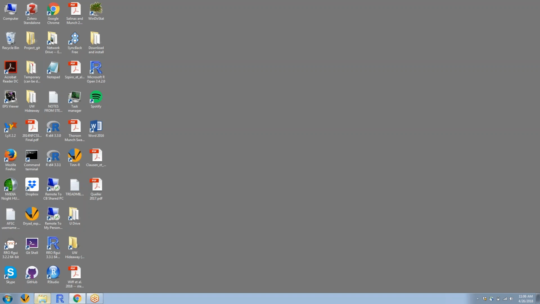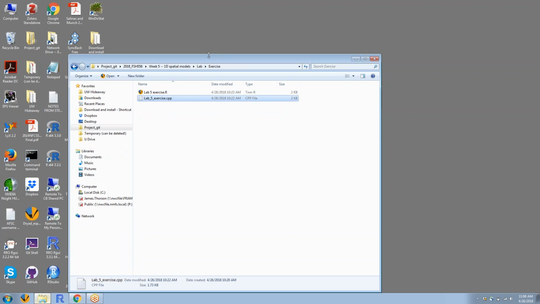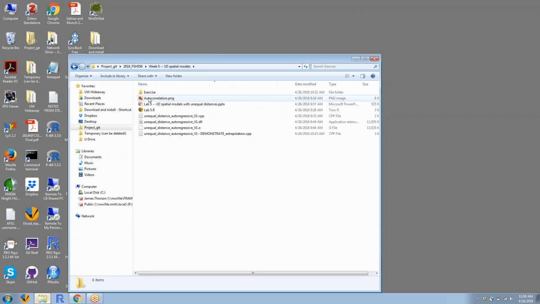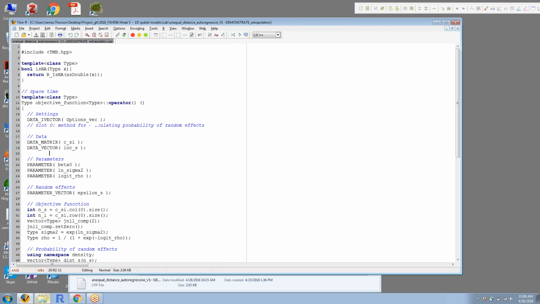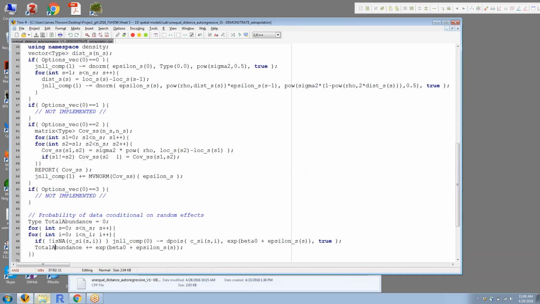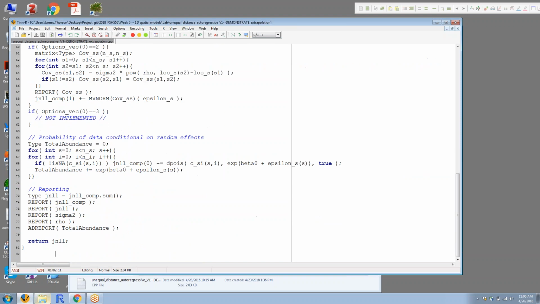Gotcha. I think somebody asked me to do that last year too, and I have a piece of code sitting around where I just took the same model and added in a block of additional code where I calculate total abundance as the sum of the linear predictors for every site, and then I just ADREPORT that total abundance.